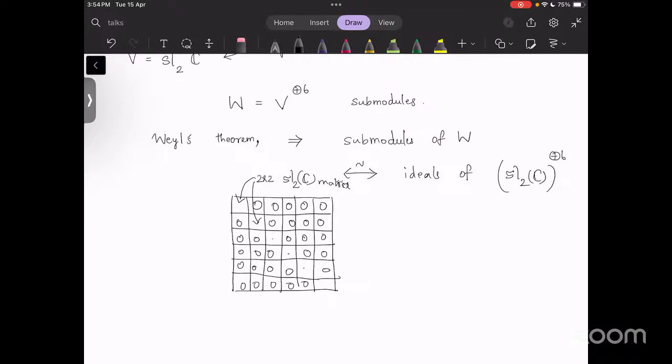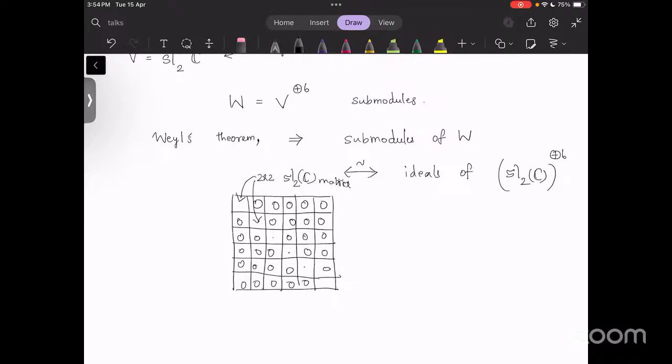An ideal is basically whether you choose a diagonal block or not. There are six positions. If you choose to put SL2C there, that is one possibility, or you could choose to put 0. So you have 2 possibilities for each direct summand, and in total you have 2 to the 6 possibilities. To each block you have 2 choices: either you put a 0 or you put an SL2C.